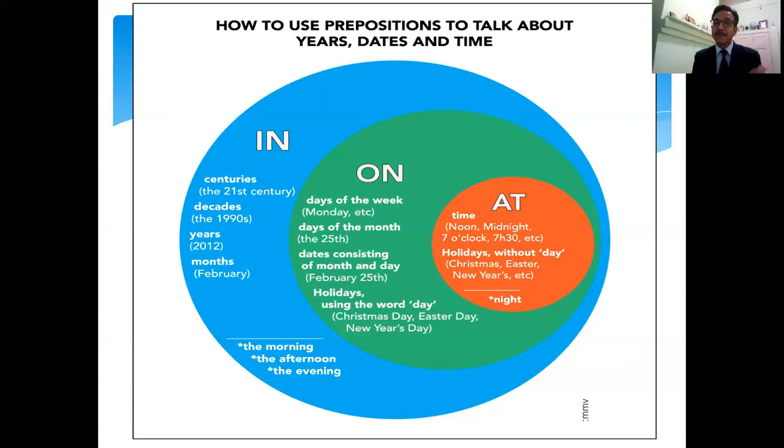And at is for time: midnight, 7 o'clock, 7:30, etc. Holidays without day, Christmas, Easter, etc. Night. So that is the major difference in, on, and at. Remember, at is one dimensional, on is two dimensional, in is three dimensional, right?